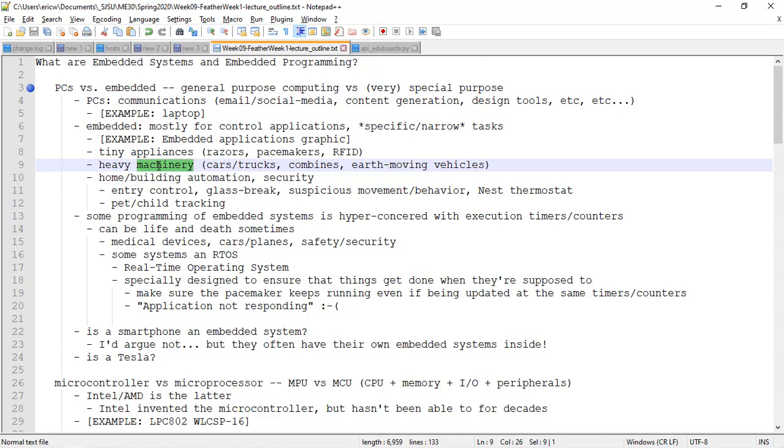Or if they do have a user interface, there's no notion of when a program starts and when it ends. A lot of embedded systems, like say your microwave or your ceramic stovetop, as soon as you put power on them, they start running their program. And they don't end until power goes off. And when power comes back, they start running again. So these are programs that execute forever. They basically never exit.